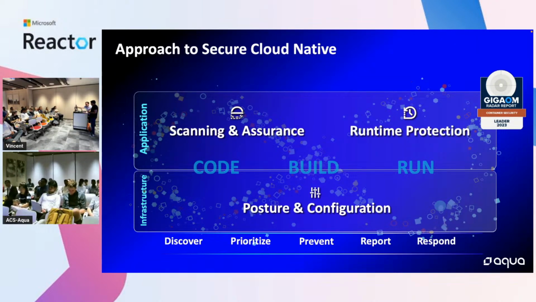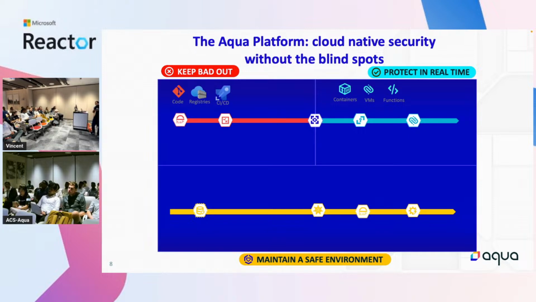Okay, so now I'm going to show you some demos to validate all these parts. Not just talk, but let's walk the talk. The first part of security is keeping bad out. This is where we want to integrate with your code repos, whether it's Azure code repo or GitHub, for example.